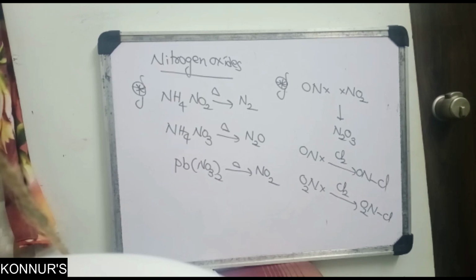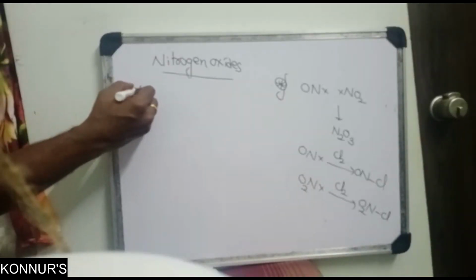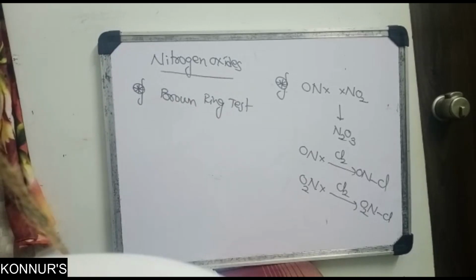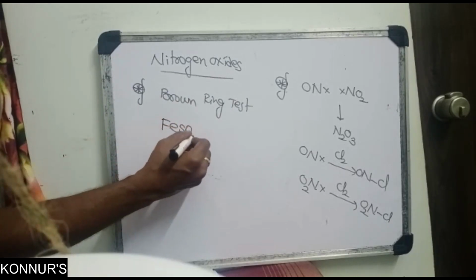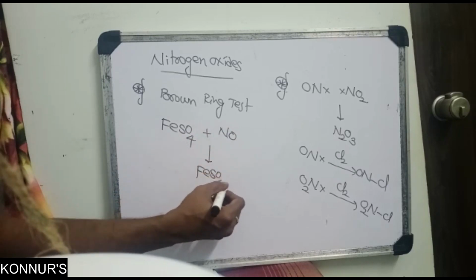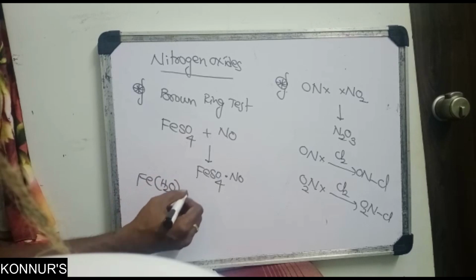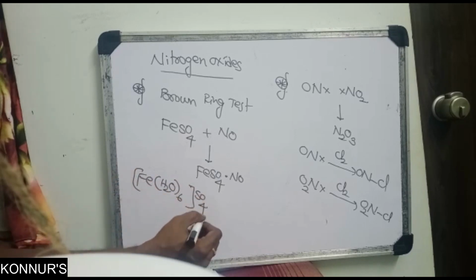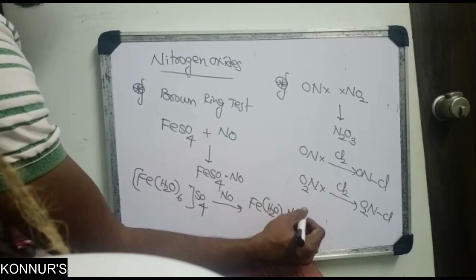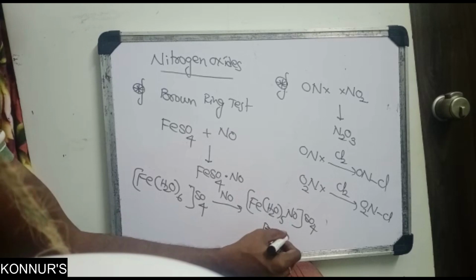Next, NO is used in the famous brown ring test. In the brown ring test, freshly prepared ferrous sulfate, FeSO4, is treated with NO. You are getting FeSO4·NO, the brown ring. Otherwise, you can take the complex form: Fe(H2O)6 sulfate treated with NO. You are getting [Fe(H2O)5NO]SO4. You call this nitrosoferrous sulfate, the brown ring.